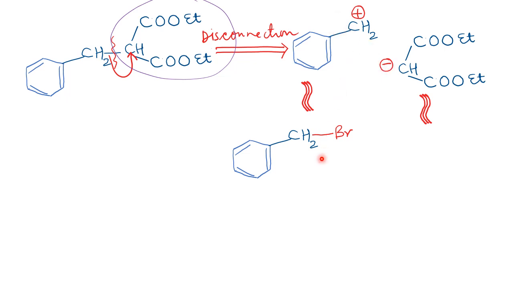From the benzyl part, we are putting bromine and making the equivalent structure, and from this diethyl malonate part, we are putting a hydrogen, a proton, and we are getting the stable starting compound. So these two structures will be our starting compounds, which can react to give us this particular target molecule.